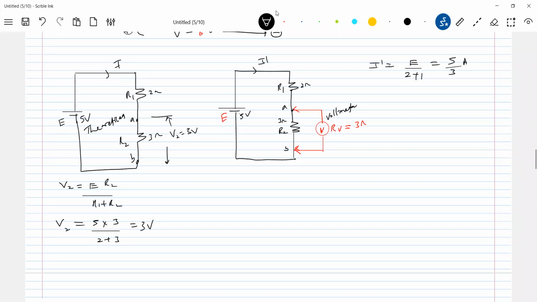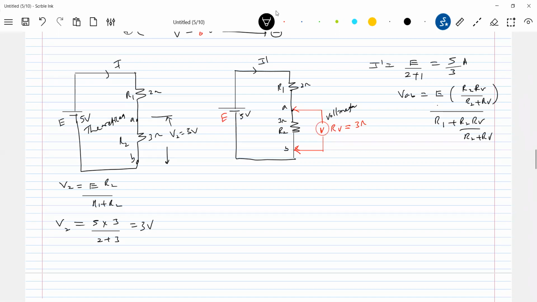We can calculate VAB directly using another formula. VAB equals E into the effective resistance of RV and R2, that is E into R2 RV by R2 plus RV, divided by R1 plus R2 RV by R2 plus RV.